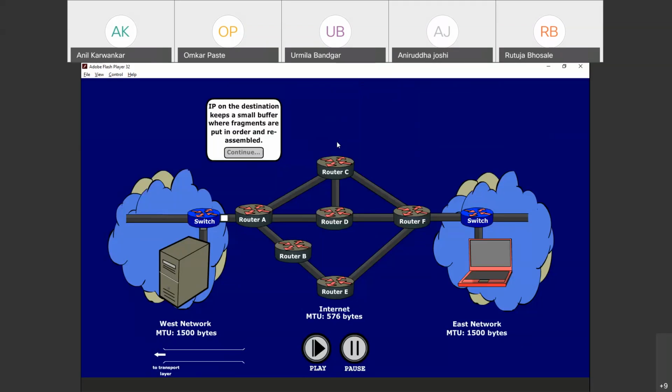I hope the concept of fragmentation, defragmentation and assembly is quite clear to you. Look at this diagram. East network has the maximum transfer capability 1500. West network also can take 1500 bytes, but in between, the internet has the maximum transfer unit of 576 bytes. And that's why the packet is to be fragmented, and then only the packet reaches the destination.